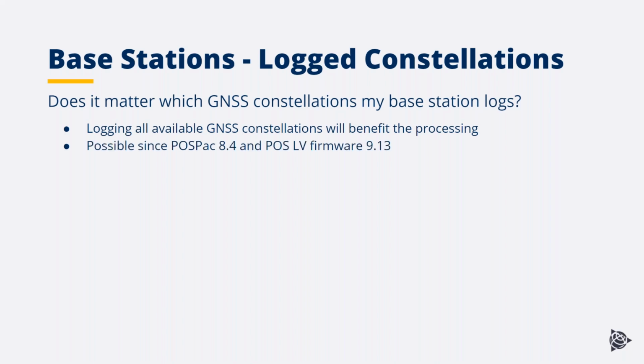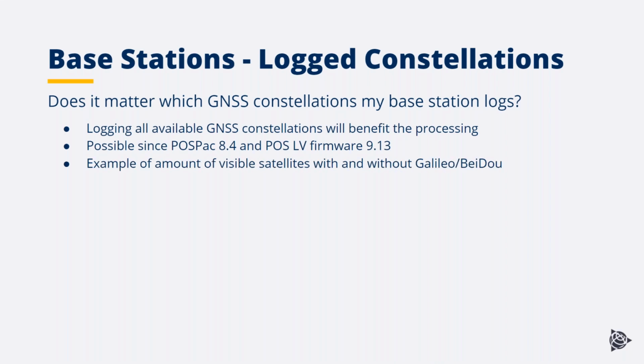And we have been able to use all the constellations since POSPac 8.4, which was released, I think, in 2019. And since POS-LVE firmware 9.13, roughly from the same time. So if your base station is logging Galileo and Beidou, we can use those in POSPac as well.